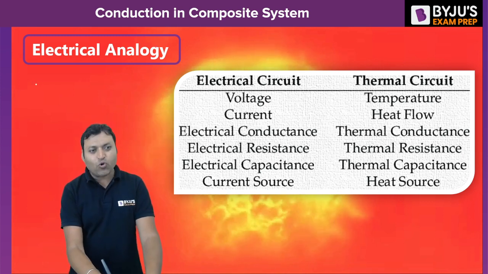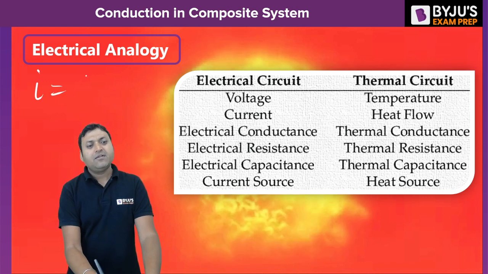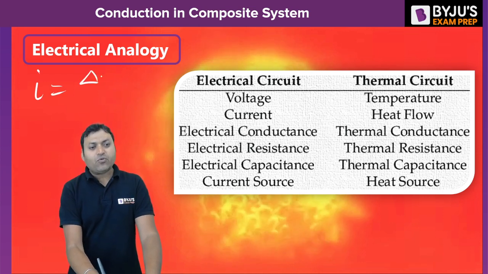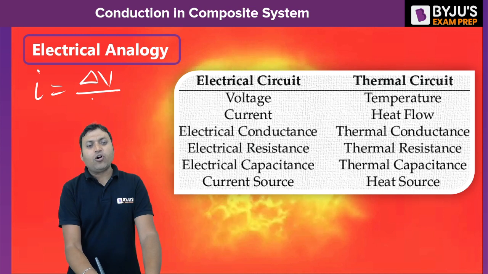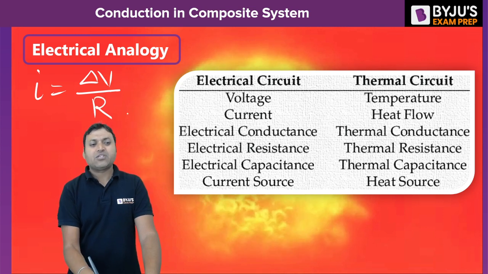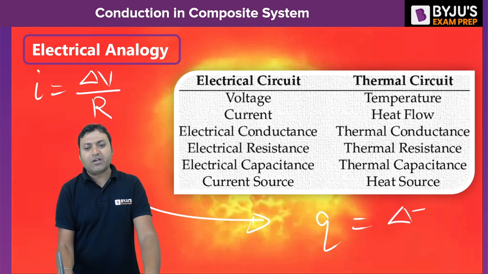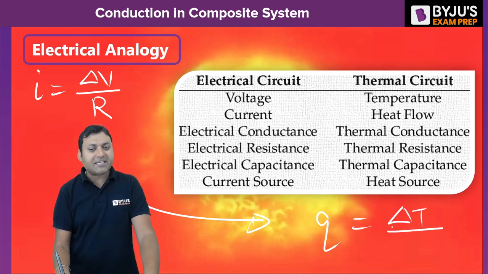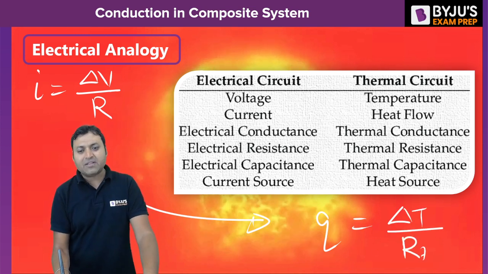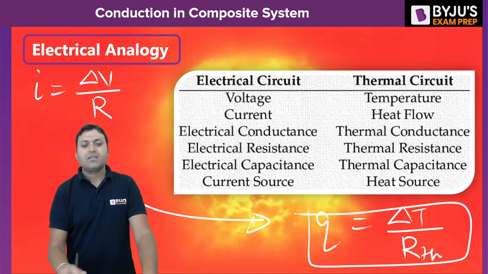According to Ohm's law, current flow is equal to voltage drop divided by electrical resistance. In a similar manner, we can say Q is equal to delta T, that is thermal potential, the temperature difference, upon thermal resistance.